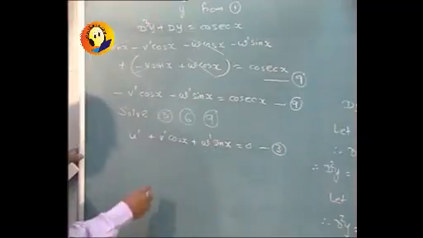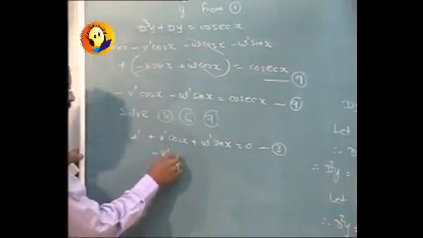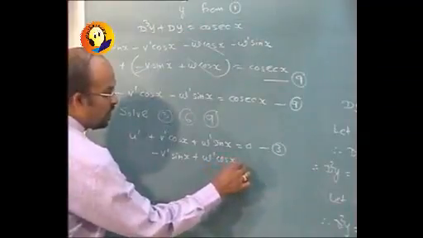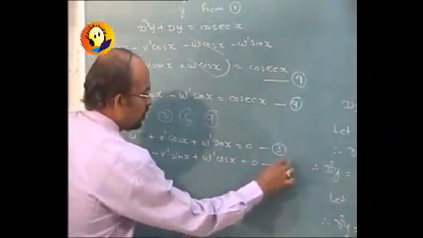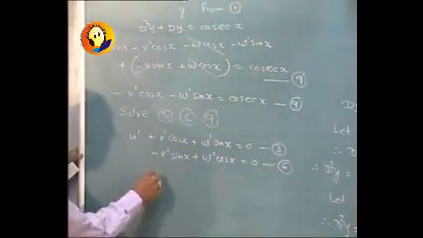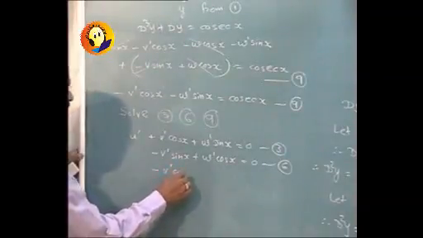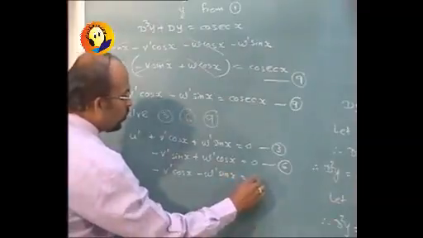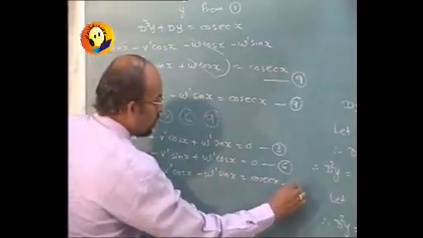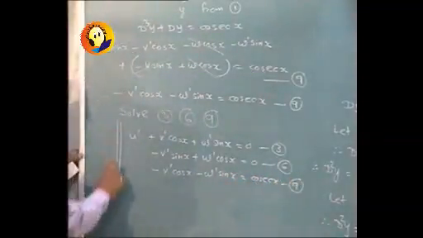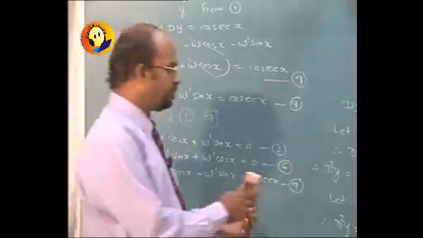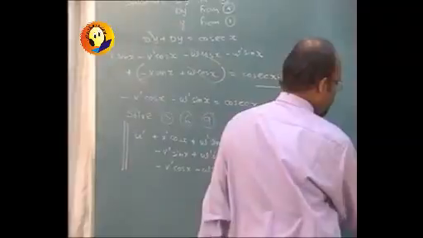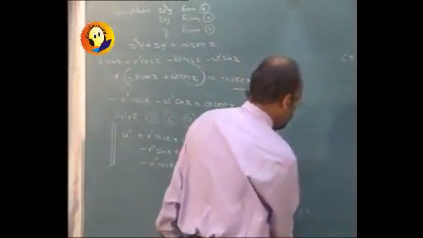Equation number 6 was minus v dash sin x plus w dash cos x equal to 0, and equation number 9 is minus v dash cos x minus w dash sin x equal to cosec x. These three are to be solved simultaneously. A lengthy problem in a way, but still not a difficult one.